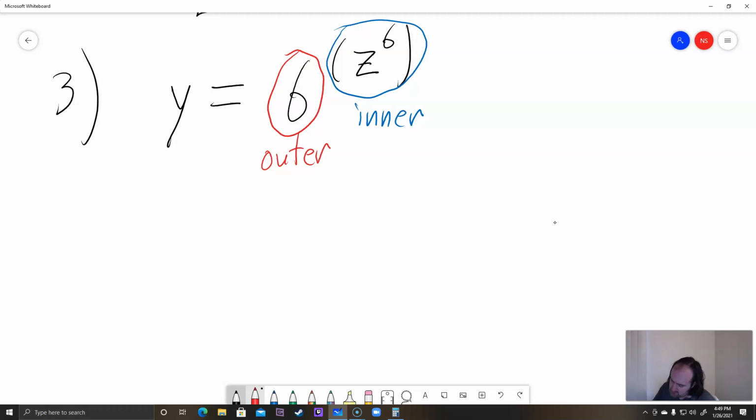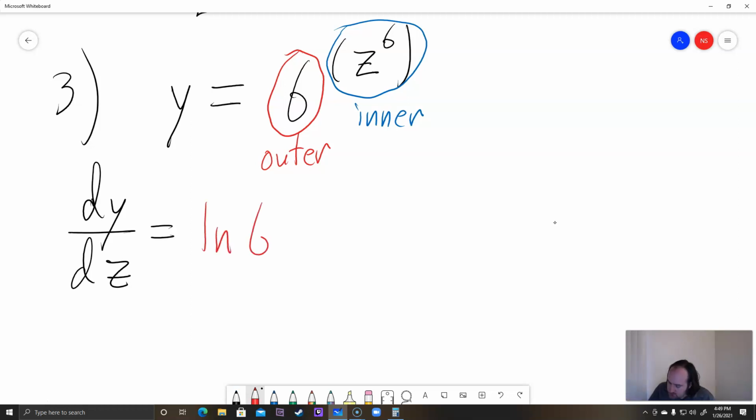So what we've got here is dy dz, because our independent variable here is z, equals the derivative of the outer function, which is going to be ln of 6 times 6 to the z to the 6th. That was the derivative of the outer function, inner left alone.